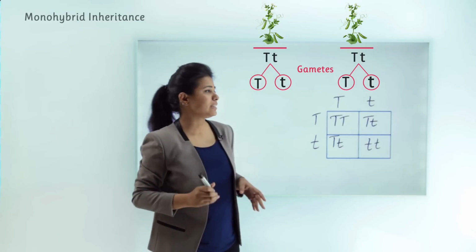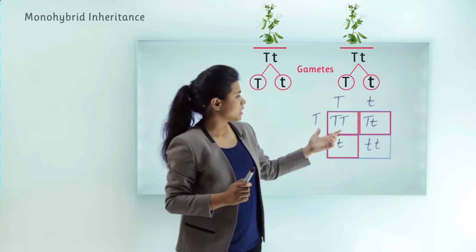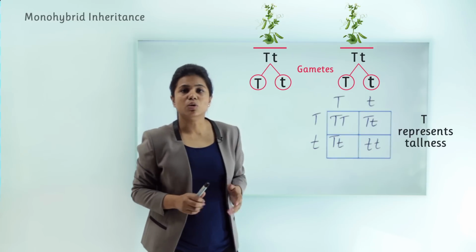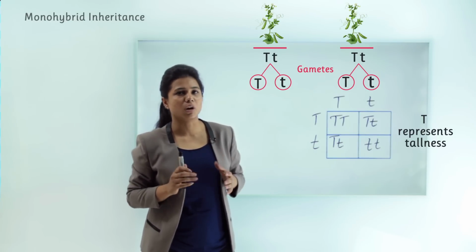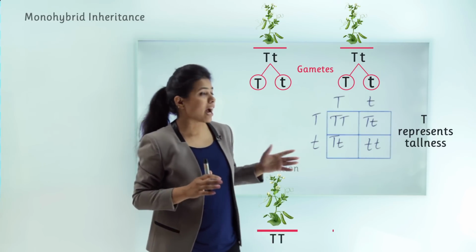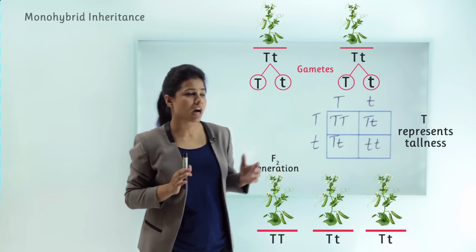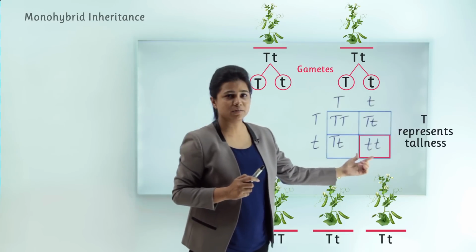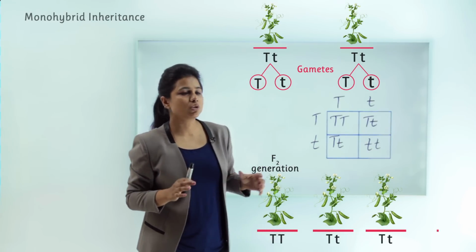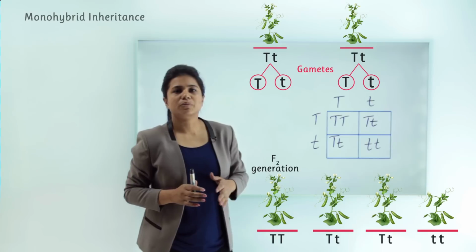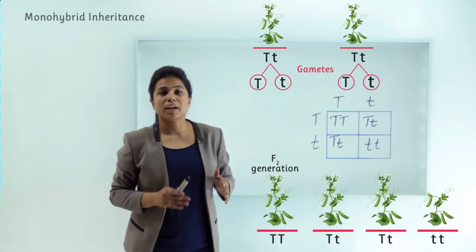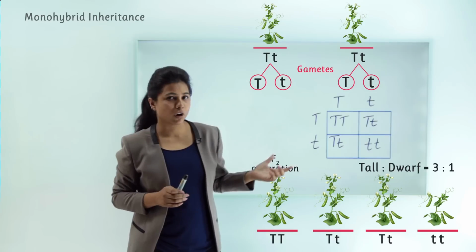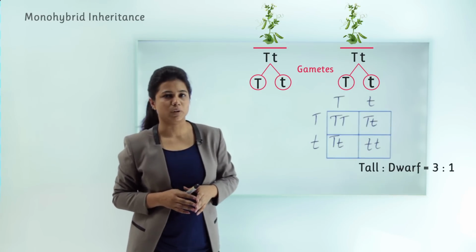Now you can see here that three progenies have at least one capital T in them, and we know capital T represents the tallness gene. So we have three progenies which are tall. Now in the last square you can see that there are two recessive genes of dwarfness. So one plant will be dwarf. So we can conclude that in the second filial generation, the ratio of tall plants to dwarf plants will be 3:1.